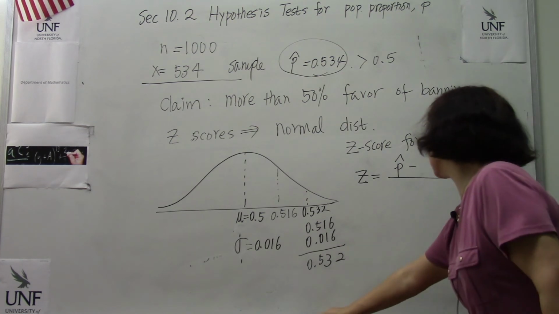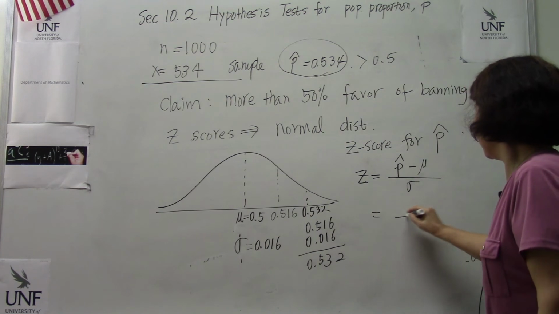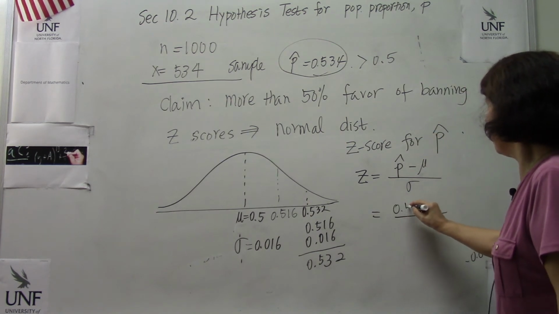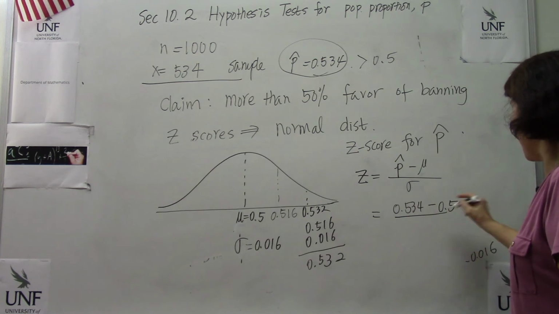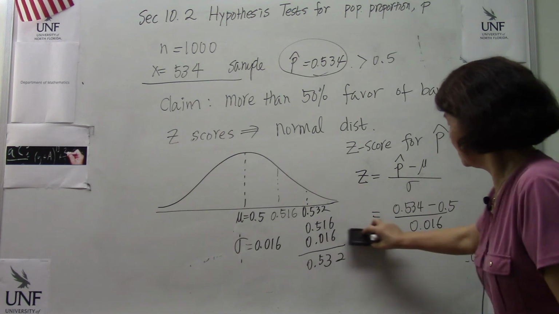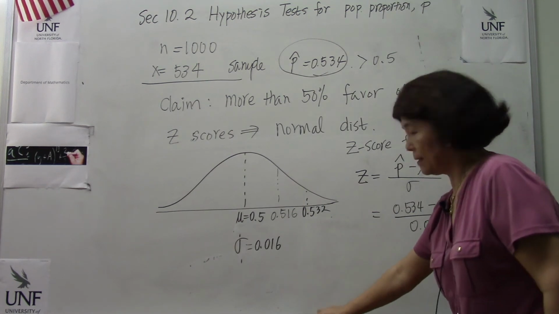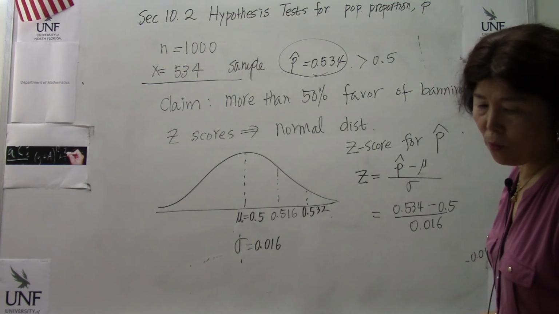So that is 0.534 minus 0.5 over 0.016. So what is that? That is 2.15.